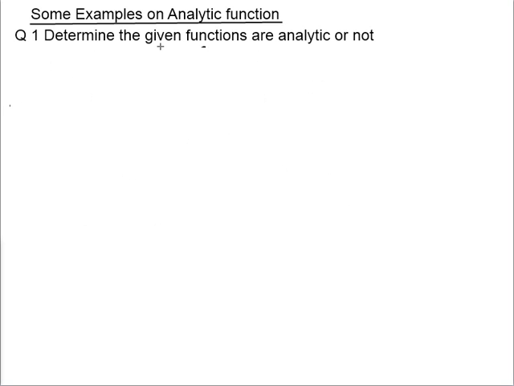One another function is given: f of z equal to (x minus iota y) upon (x square plus y square). Here again we should check what our u and v functions are.